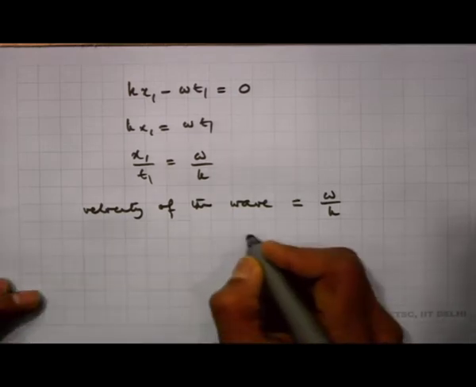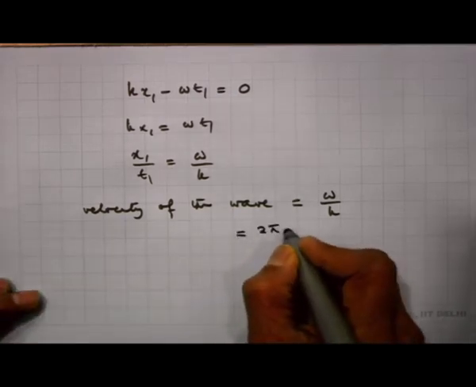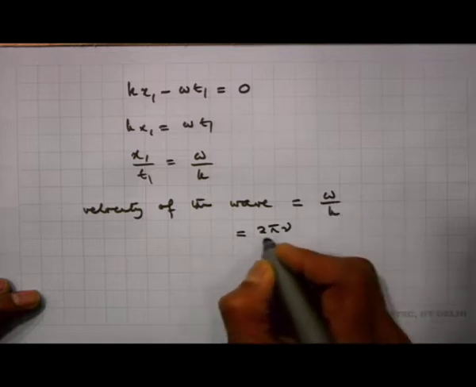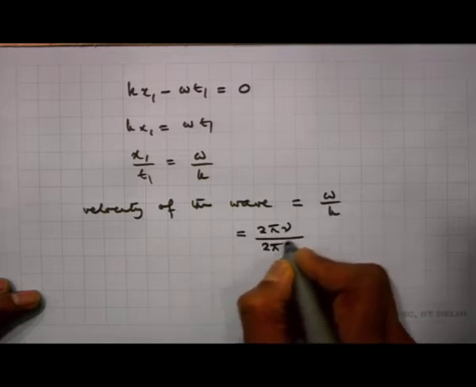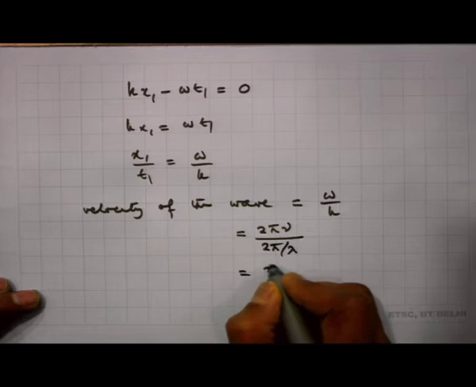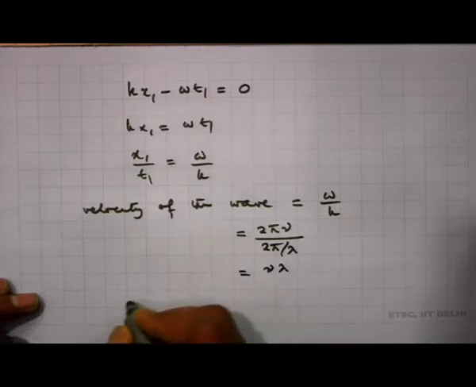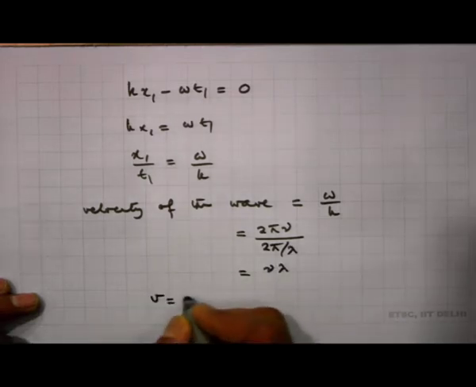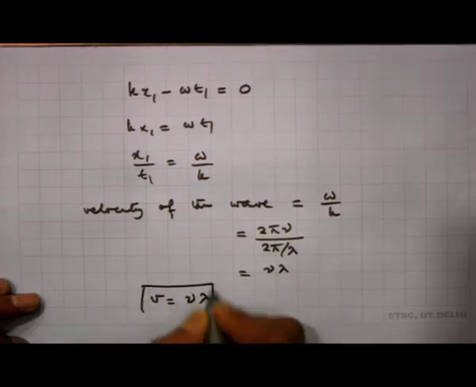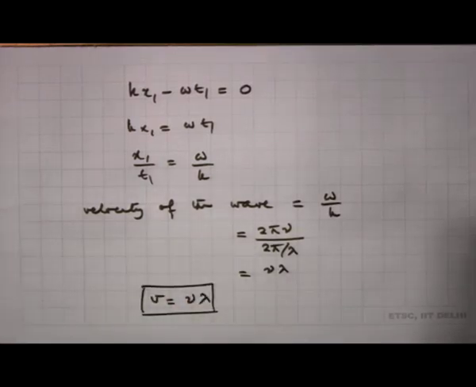I can represent this in terms of 2 pi nu: omega is 2 pi nu and k is 2 pi by lambda, so omega by k is equal to nu lambda. This is the equation you must have derived: velocity is equal to nu lambda. Velocity is related to the frequency and wavelength of the wave by v is equal to nu lambda.